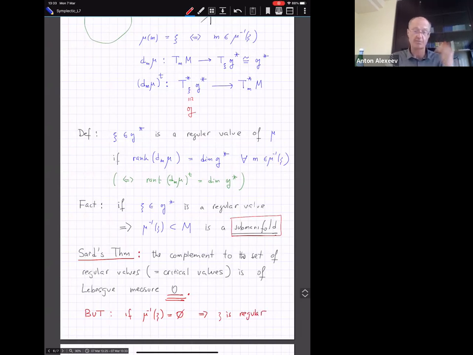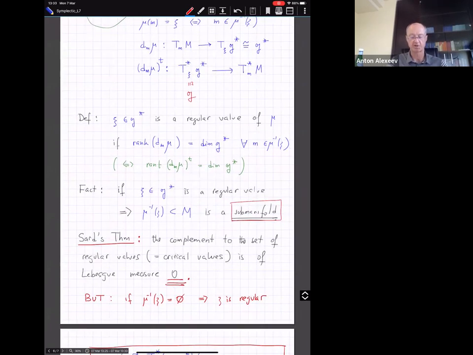So perhaps for some maps, you have lots of regular values, but all the preimages are actually empty. This may happen. But still, Sard's theorem tells you that if there is at least one regular value with non-empty preimage, then you're in good shape. So there would be lots of good points. Okay, perfect.